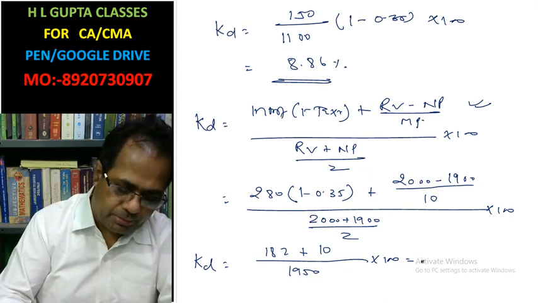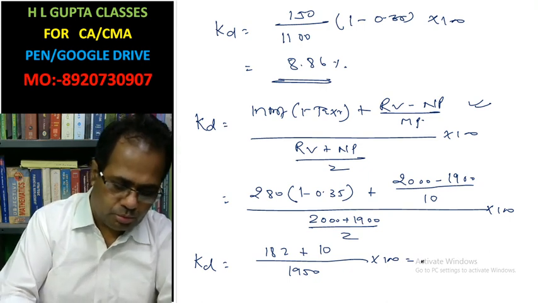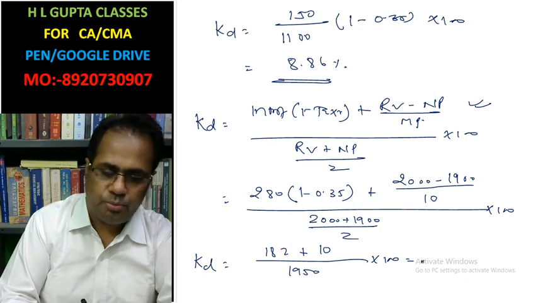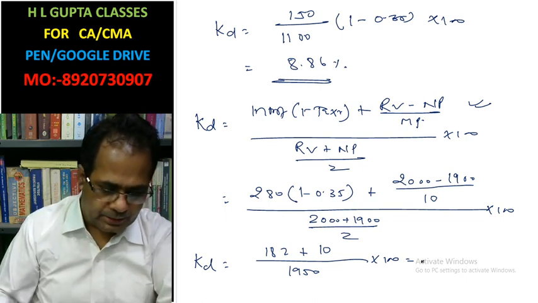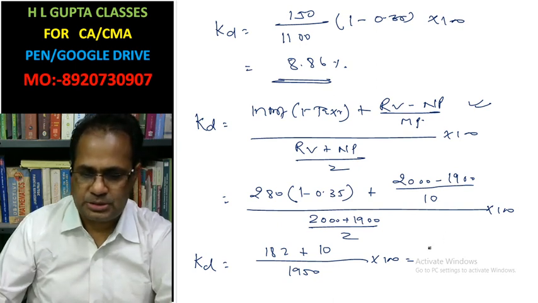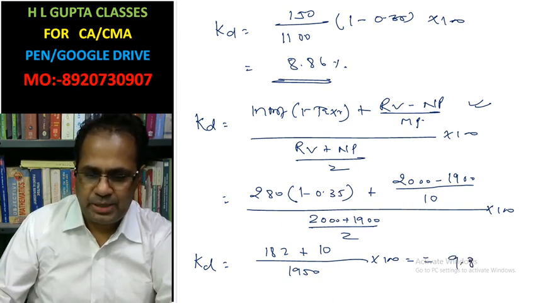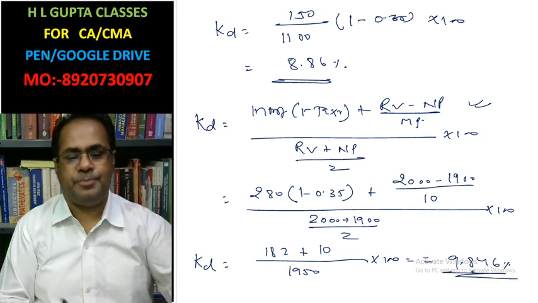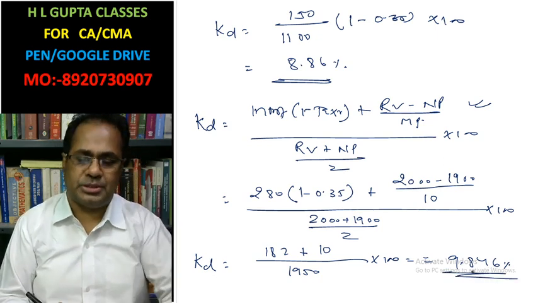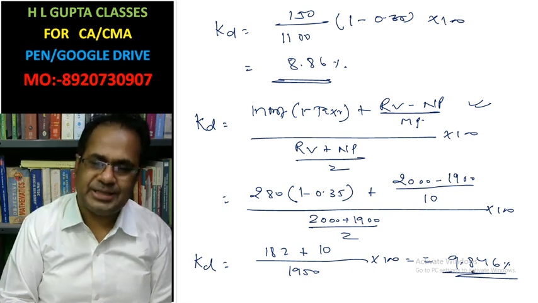So 192 divided by 1950 into 100 is 9.846%. This is the way of solving these questions. Okay, thank you class.